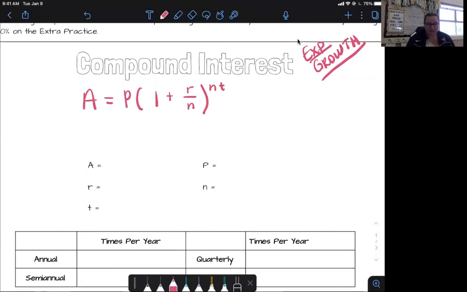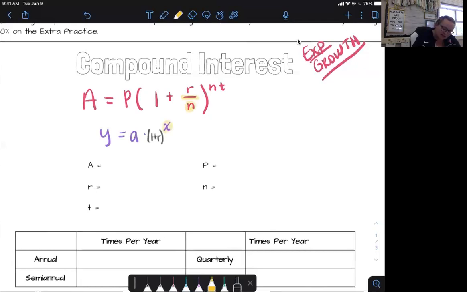So this time, what's happening is instead of our regular exponential growth equation, which was y is equal to a times b to the x, where we would use x as time and for b we would use 1 plus r. So we're still taking 1 plus r, but we have to divide the growth rate by n, and I'll explain what n means in just a second.